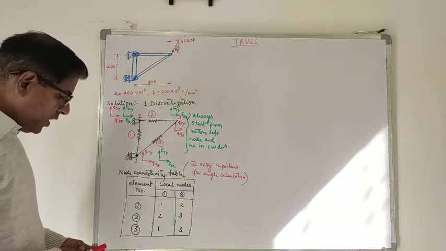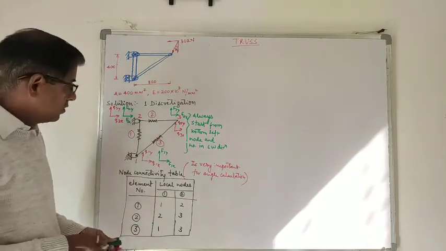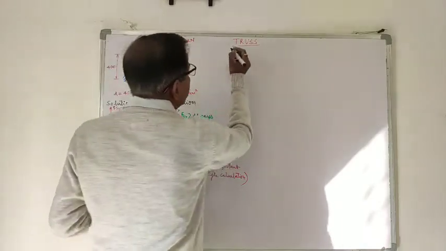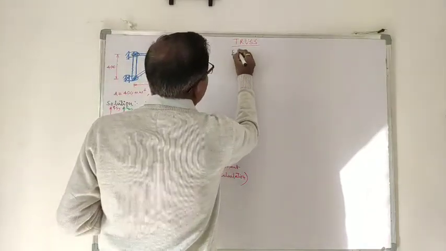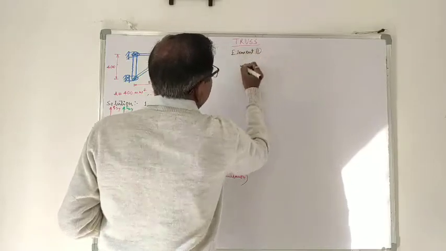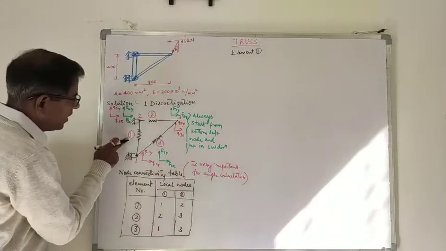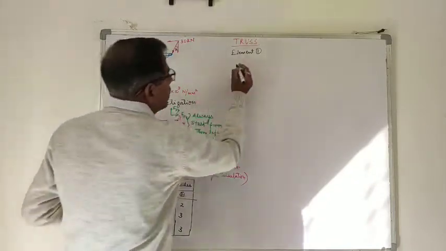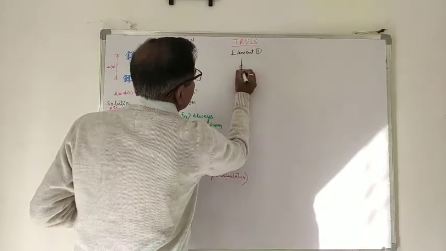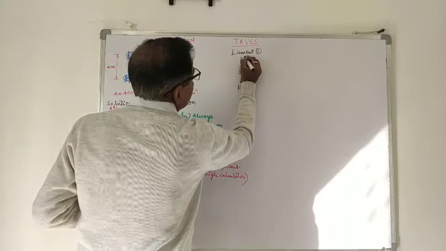Now we calculate the inclination of each truss member. So element 1. Which is that element? This is element 1. This is node 1, node 2.